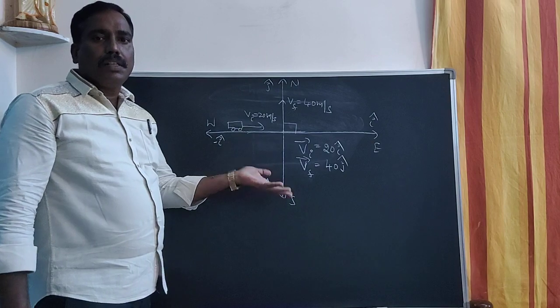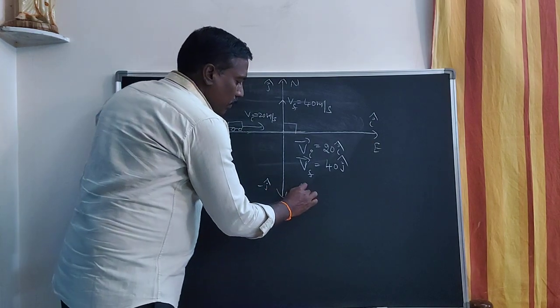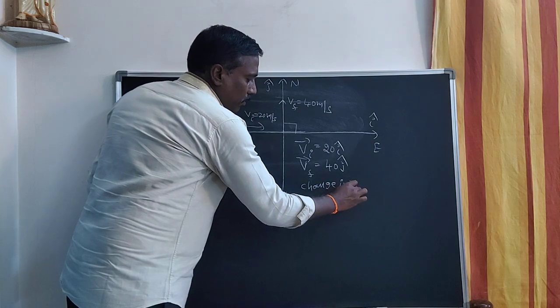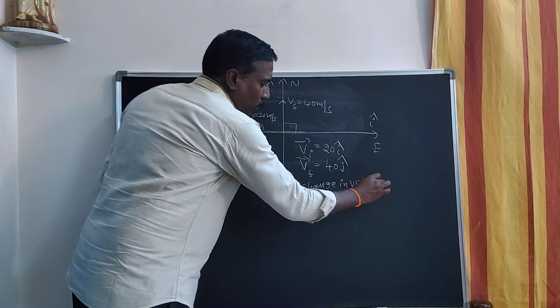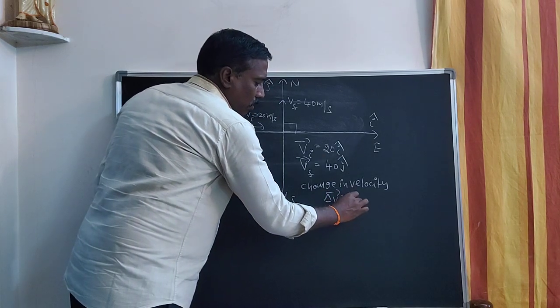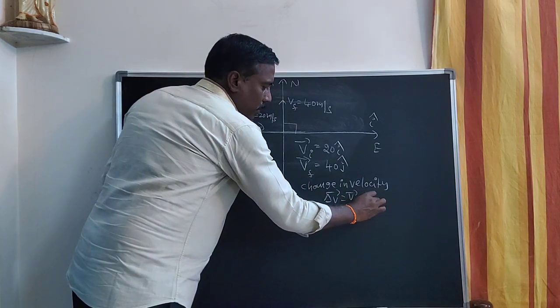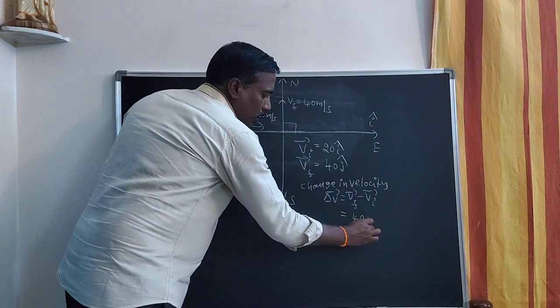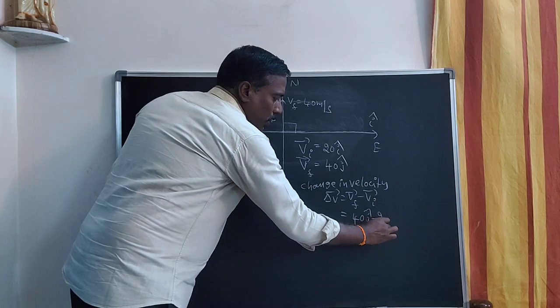What is the change in velocity? Delta V bar is equal to V final bar minus V initial bar, which is 40 j cap minus 20 I cap.